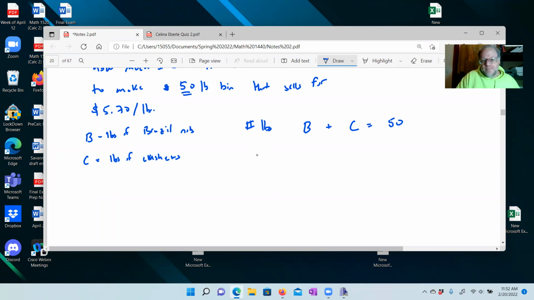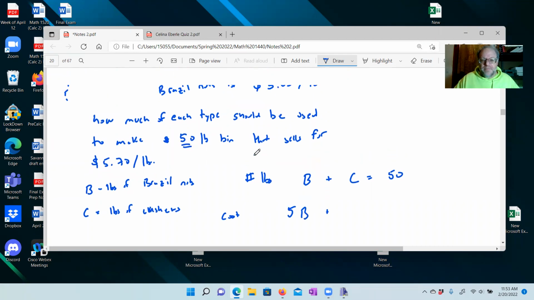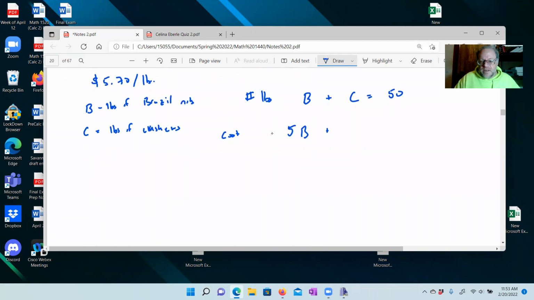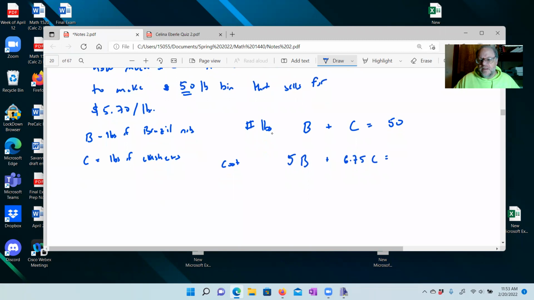Then this is price, cost in dollars. Brazil nuts were $5 a pound, so 5B plus 6.75C, and this was going to be equal to 5.70.